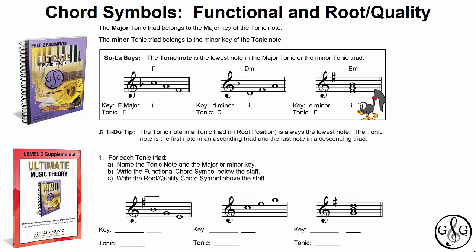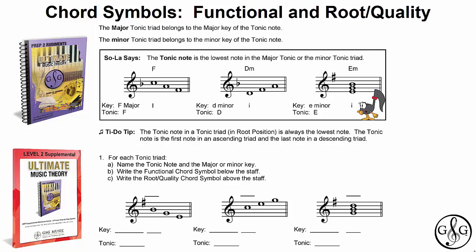Now here's a Tito tip for you. The tonic note in a tonic triad, that's when it's in root position, is always the lowest note. The tonic note is the first note in an ascending triad and is the last note in a descending triad. So whoever's the lowest note, that's the tonic.